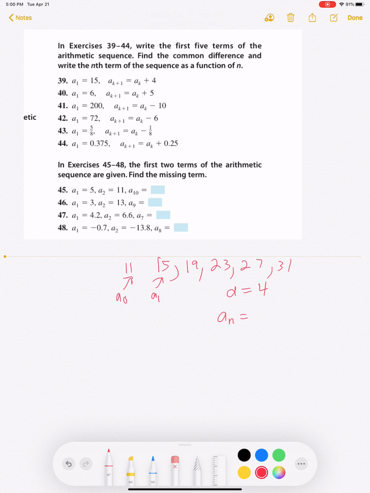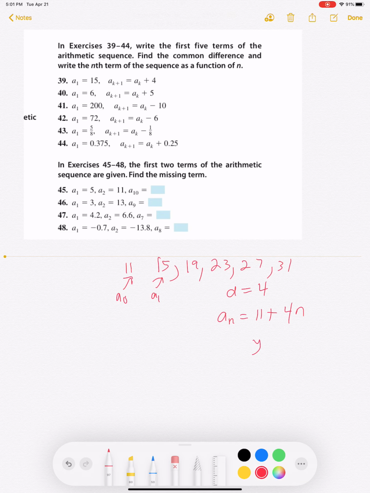If you back this up by 4. Now when you're writing the sequence out as a sub n, you want to start with a sub 0, which is 11, and then you want to add the common difference, which is 4 times n.